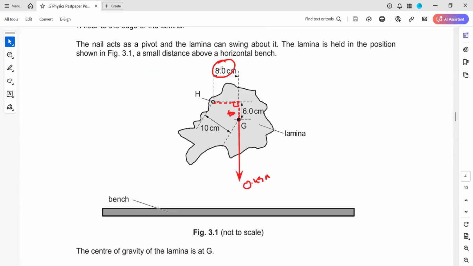The 90-degree distance is 8 centimeter or 0.08 meter. So we multiply force 0.49 by the perpendicular distance 0.08. The answer is 0.039.